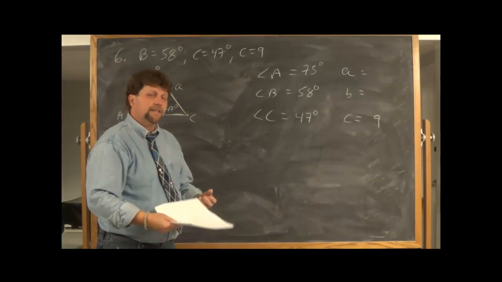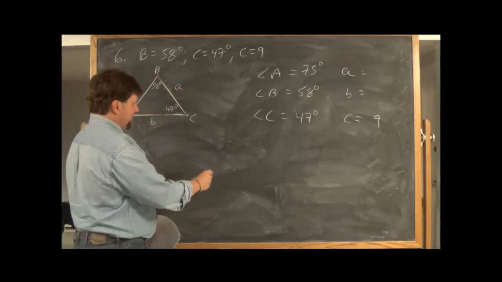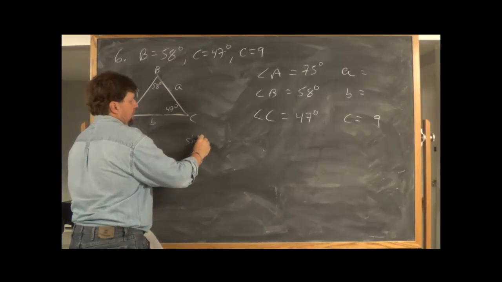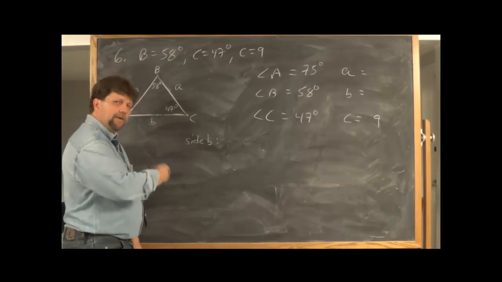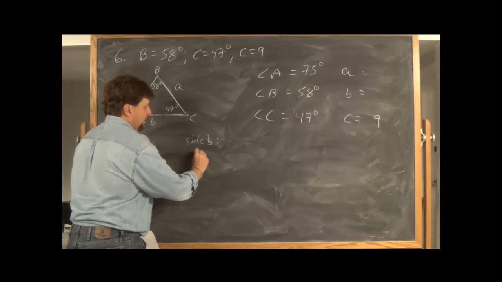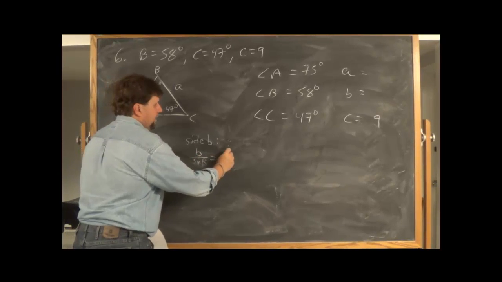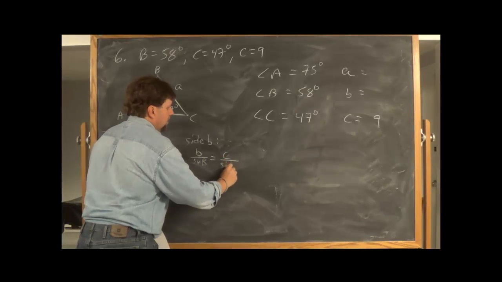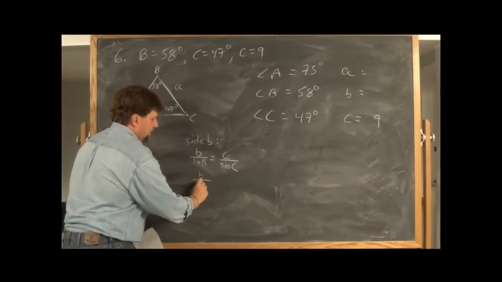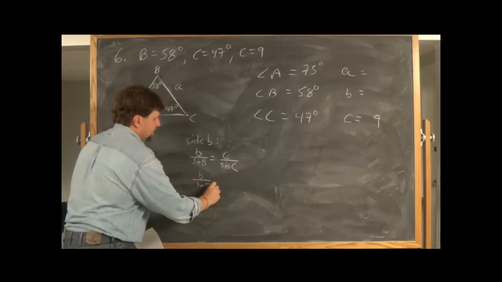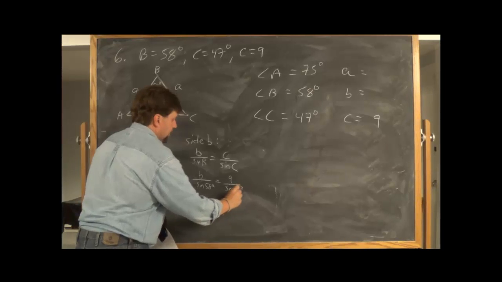Now I have the 2 missing sides, side A and side B. To find both of these sides, I'm going to need the law of sines. So why don't we find side B? I'd write down B over the sine of angle B equals C over the sine of angle C. Substituting in what I know, B over the sine of 58 degrees equals 9 over the sine of 47 degrees.